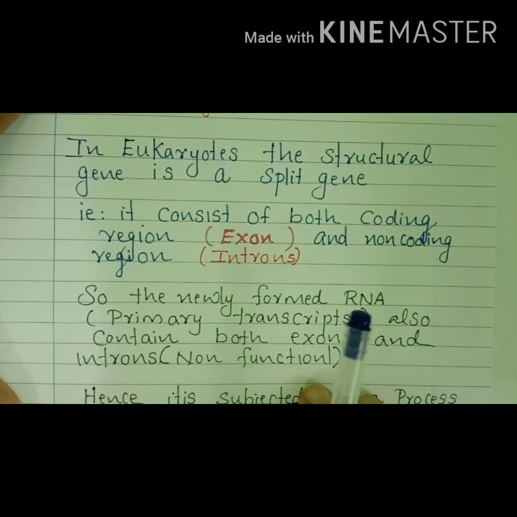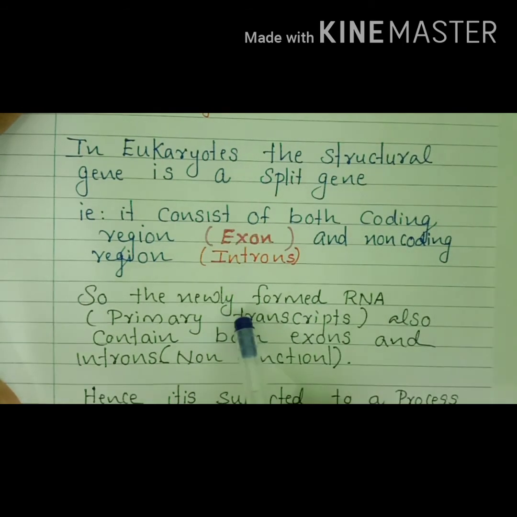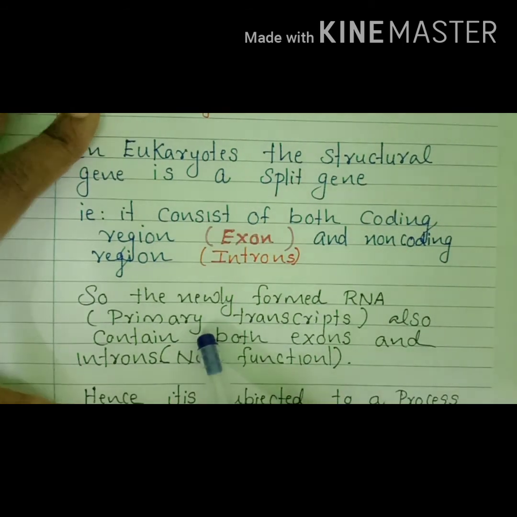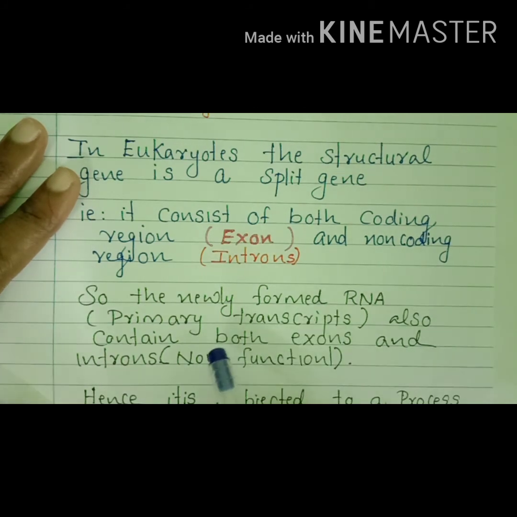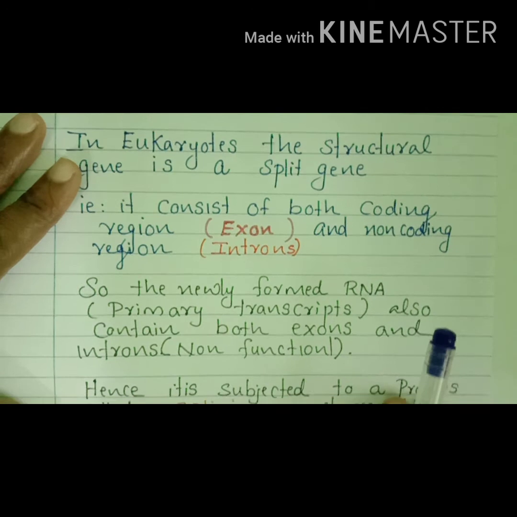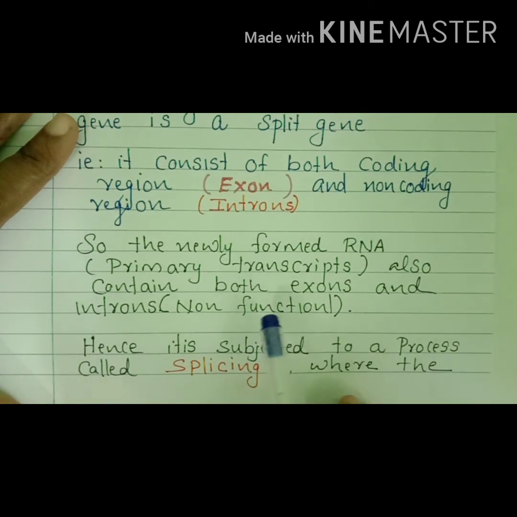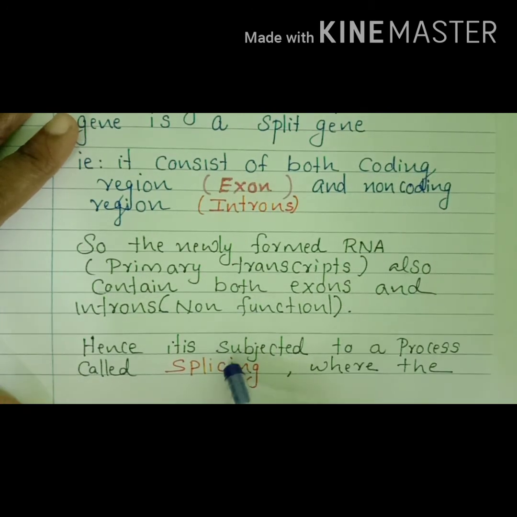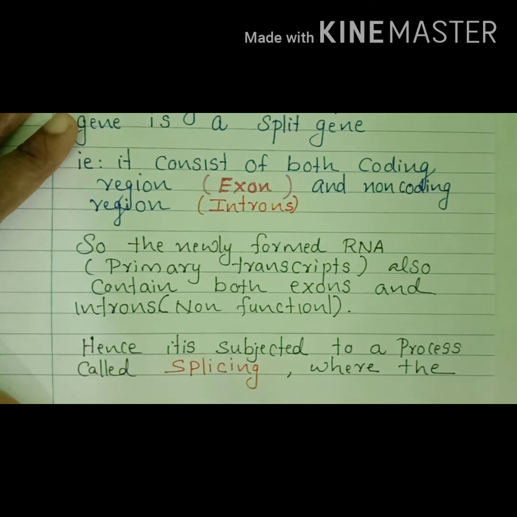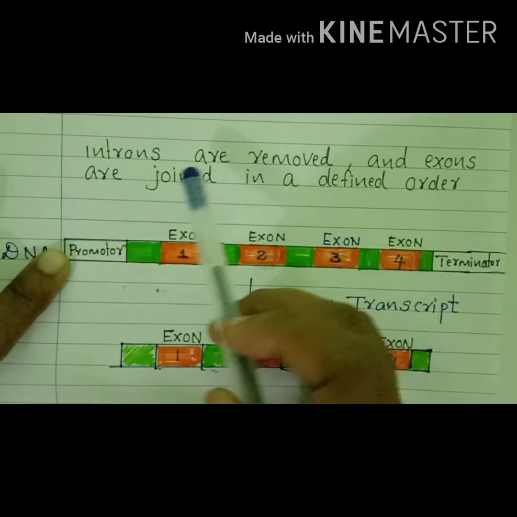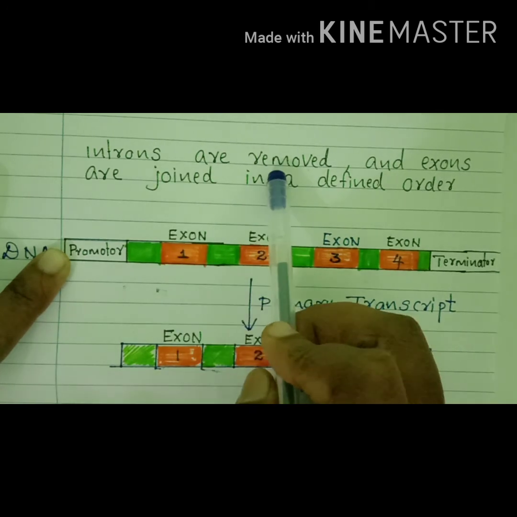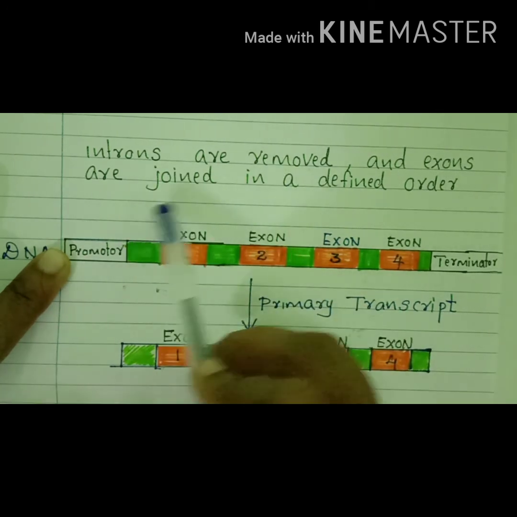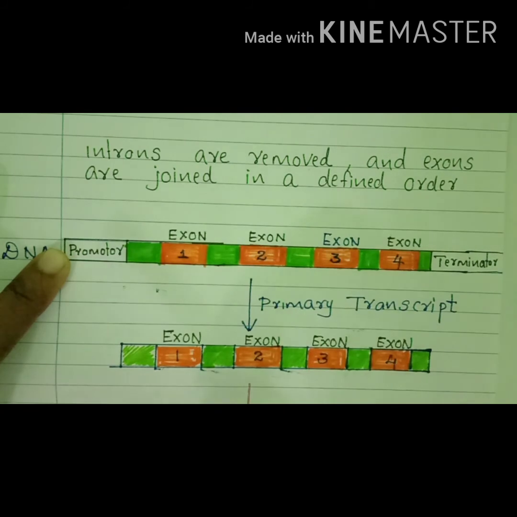So the newly formed RNA should also consist of coding part and non-coding part, both exon and intron. So this RNA will undergo the process called splicing. During splicing, the introns, that is the non-coding regions, are removed and the exons are joined in a defined order.